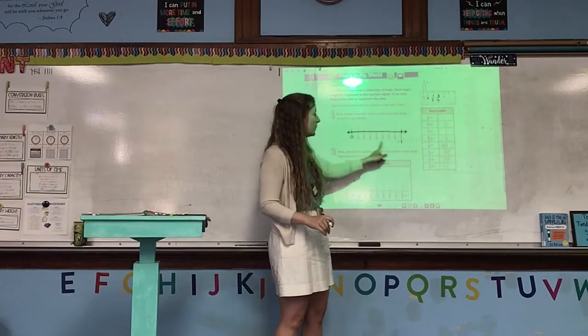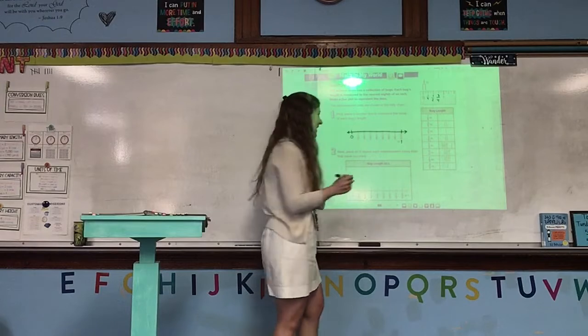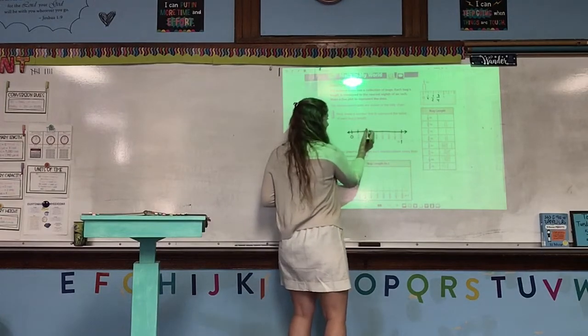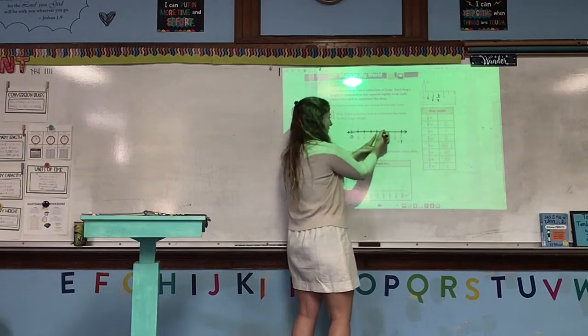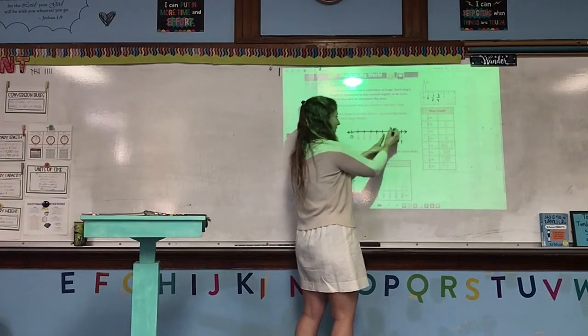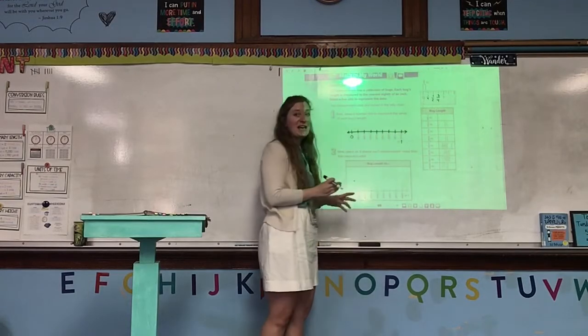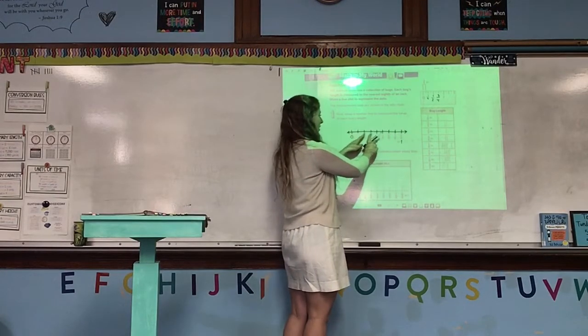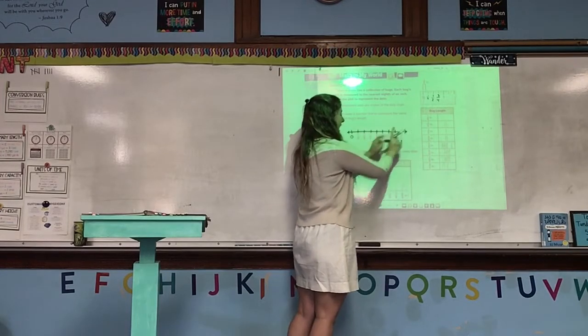So that means we're going to break this number line into 8 equal pieces, and each piece will represent an 1/8. So we have 1, 2, 3, 4, 5, 6, 7, and 8. So 8 equal pieces. 1, 2, 3, 4, 5, 6, 7, 8.